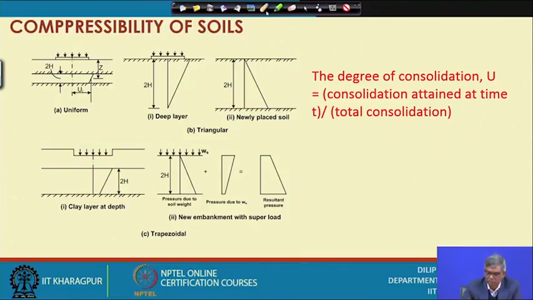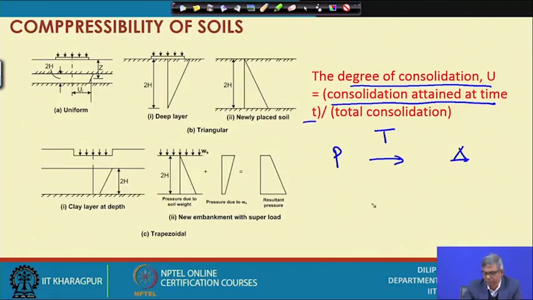Suppose I apply a load P, and under that the total settlement at the end of consolidation is delta, which will take a time capital T. Now, if I want to find out what amount of consolidation takes place at some time t, less than T, that is what is defined as the degree of consolidation: the consolidation attained at any time t, say delta t, divided by the total consolidation delta.